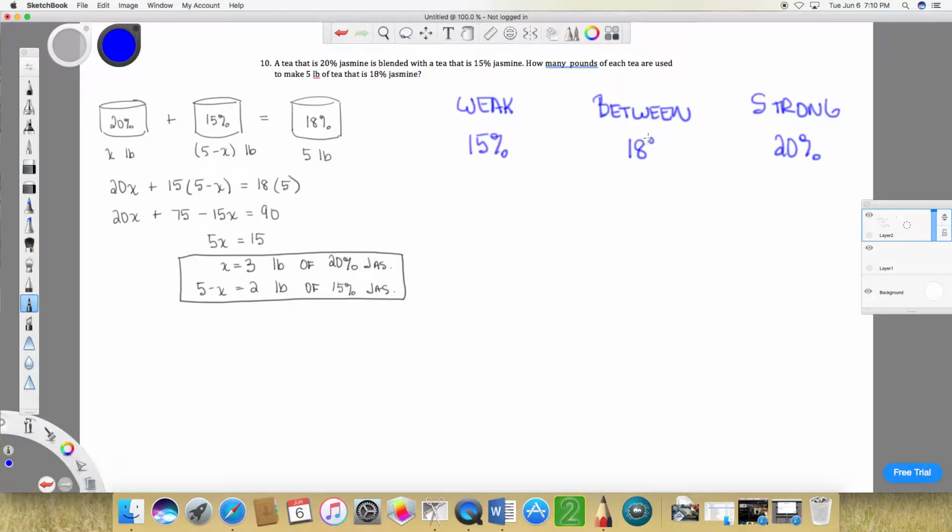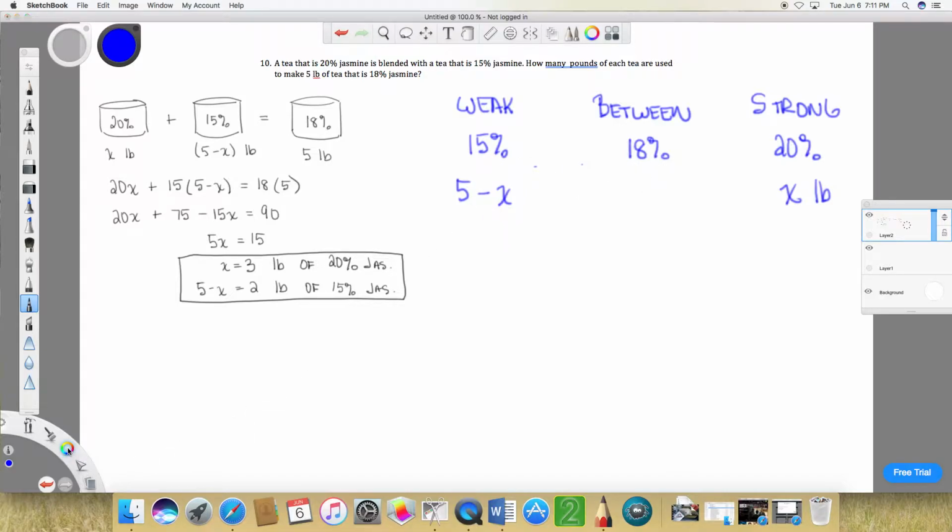That it's always a number that's between the two ingredients. We just arbitrarily called the strong amount X pounds, and that made the weak amount 5 minus X, because the final mixture we knew was 5 pounds.